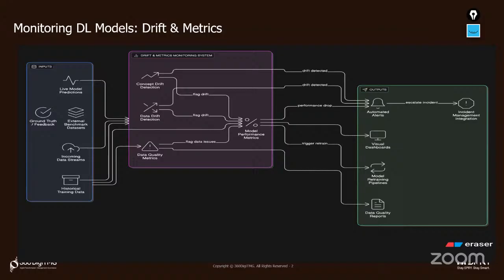For example, in our ground truth or feedback validation, we will have customer feedback, transaction validations, all these things. Likewise, in the external benchmark datasets, we will have a gold standard reference to validate the model. In incoming data streams, we will have fresh data entering the system. And in the historical training data, we will have a baseline reference for the drift comparison.